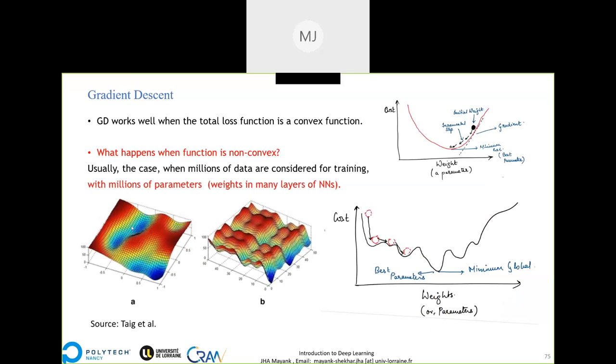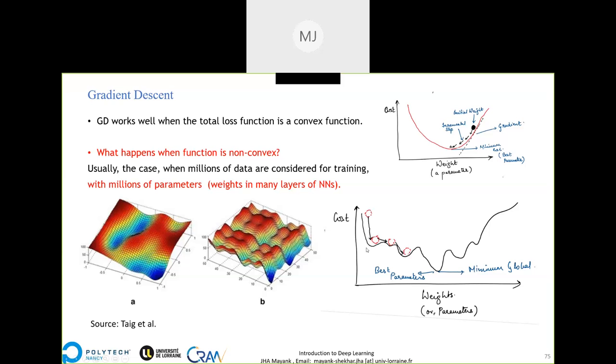When you have a non-convex function, it's pretty tricky, pretty complicated. What you're looking at is this kind of terrain, this kind of mountain, which is not all beautiful and quadratic, but has different small valleys and terrains. You're starting from this point and getting stuck at this point. What's going to happen?